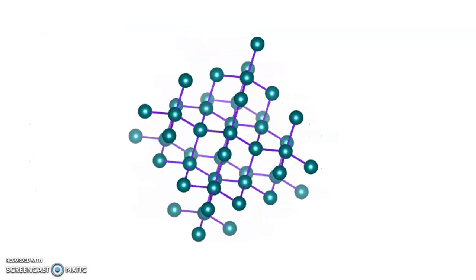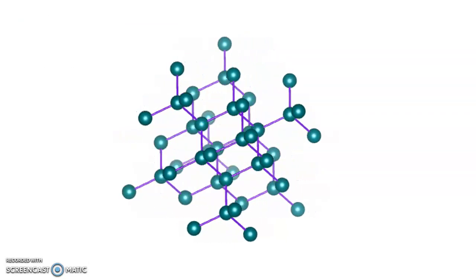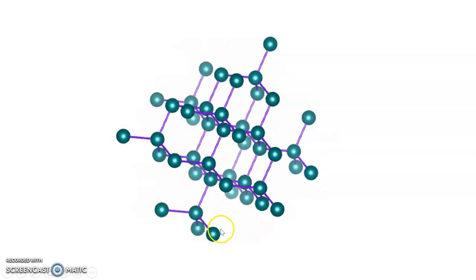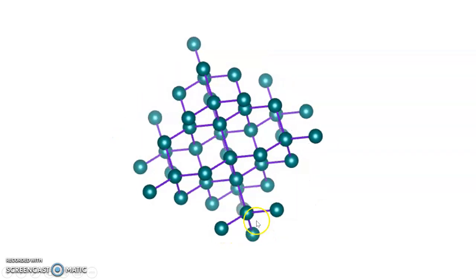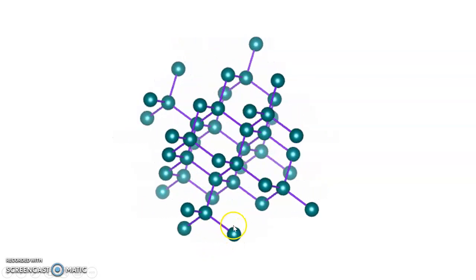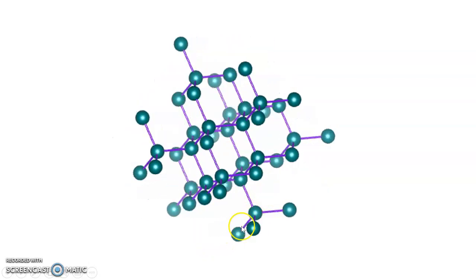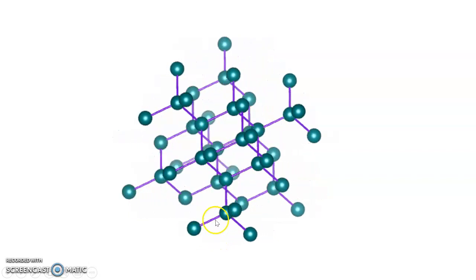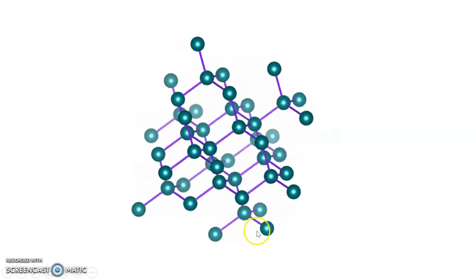So what we have here is an example of what diamond would look like if we could zoom right in. The spherical things are the carbon atoms. The purple lines are showing the covalent bond between carbon atoms. So there's a sharing of electrons between carbon atoms.